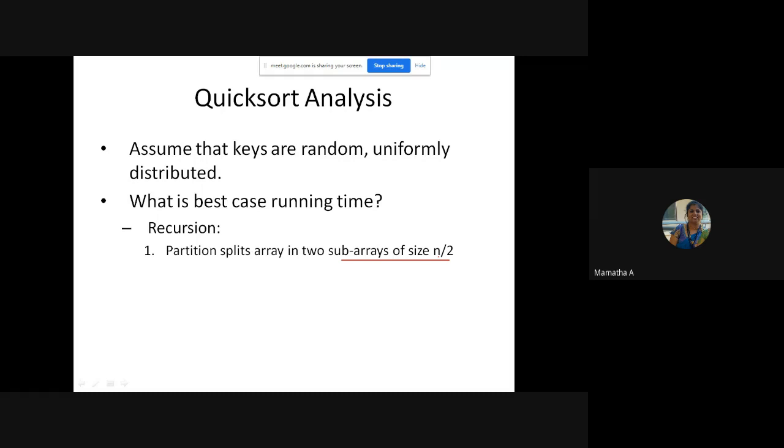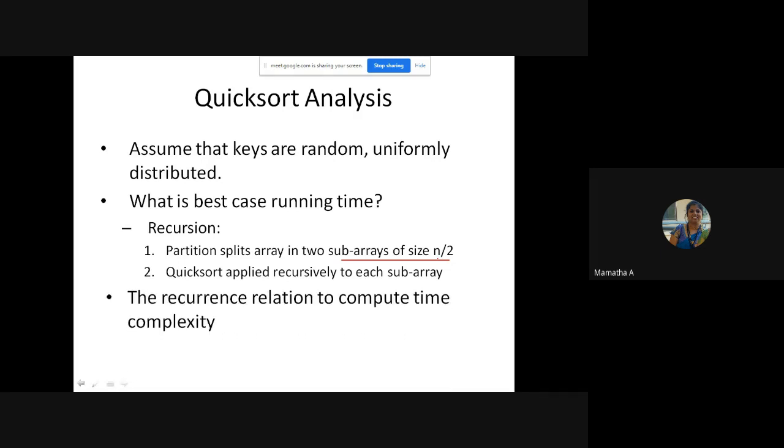Are you understanding? In this case, you can see that the QuickSort algorithm is applied recursively to each subarray of size n by 2. Almost, I can tell, not exactly n by 2, because we are not including the pivot element, isn't it? So in this case, what will happen to the recurrence relation?